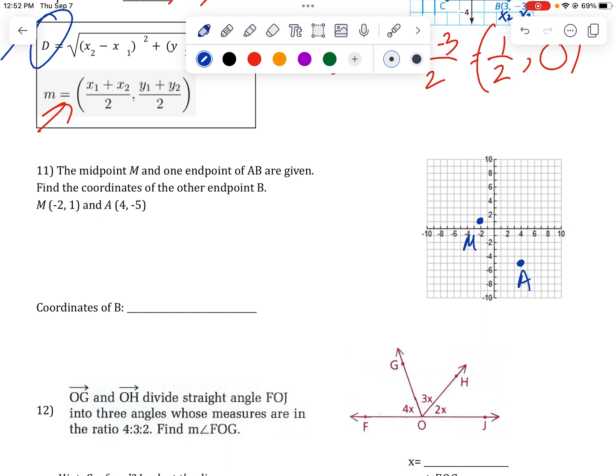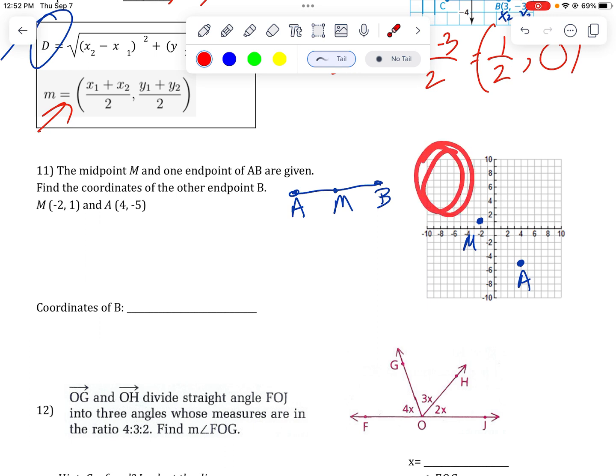And that's A. Think about this segment for a second. If I have A, M, and B, there's that segment. I have this point, and I got to find this one. So I have to think, is point B going to be up here, or is it going to be down here? What would make more sense?